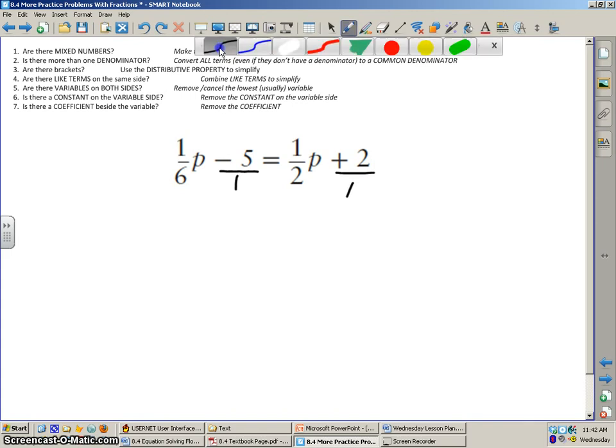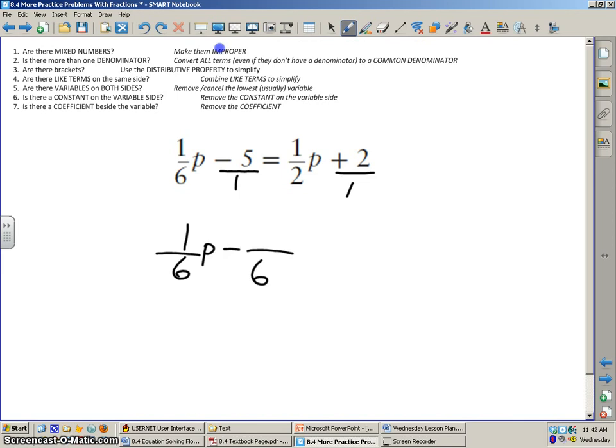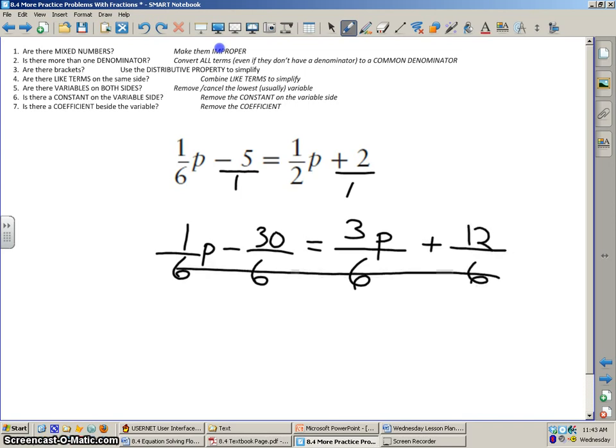So a good common denominator here would be 6, so we're already good there. That's going over 6, multiply 6 times, I get 30. That's going over 6, multiply 3, and that's going over 6, so I get 12. All gone. So I have 1p, or just p if I like, negative 30 equals 3p and positive 12.